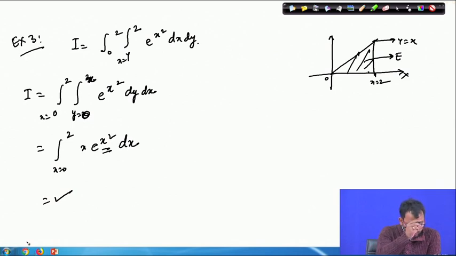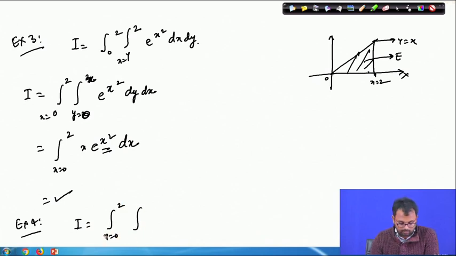However, if we had started with, let's say, instead of this, a problem where we start with this example: integral I equals y running from 0 to 2, and x running from 0 to y, e to the power x square dx dy.